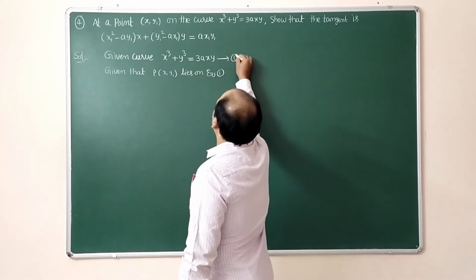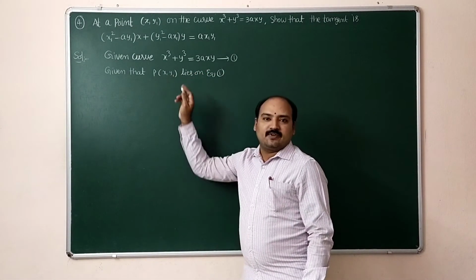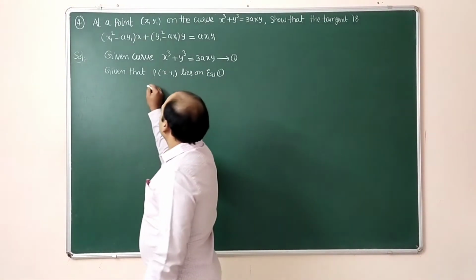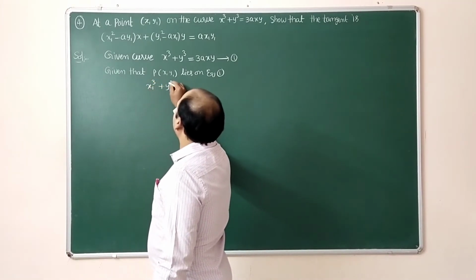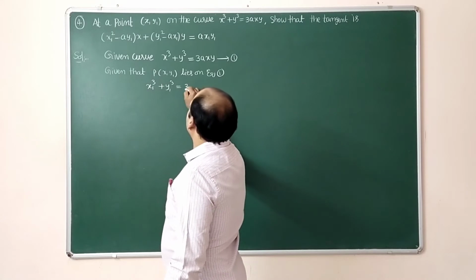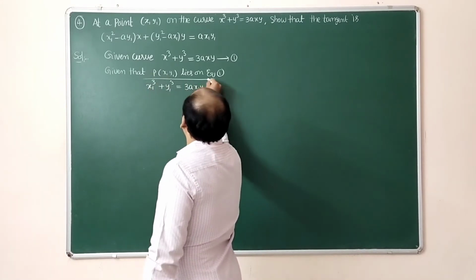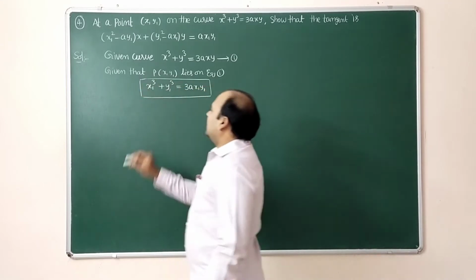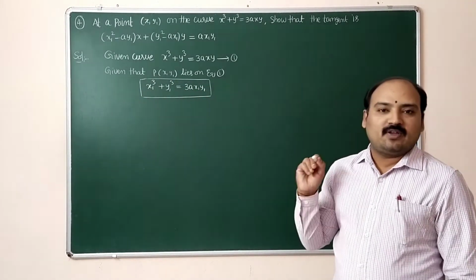Wherever x and y is there, replacing with x1 and y1, it becomes x1 cube plus y1 cube is equal to 3a x1 y1. You put this result in a box.